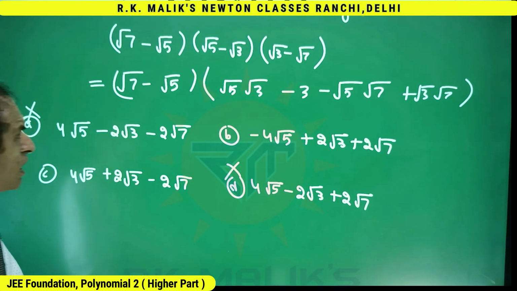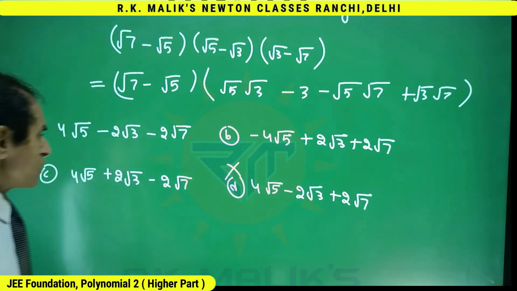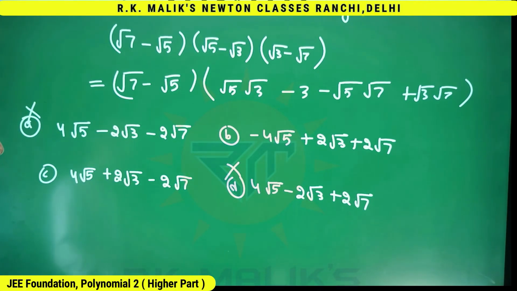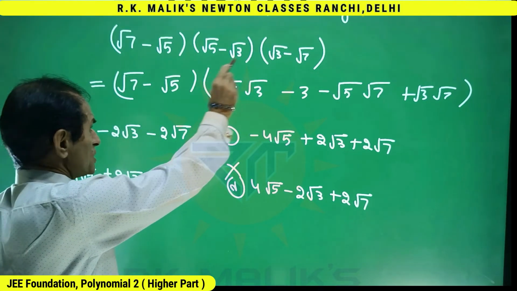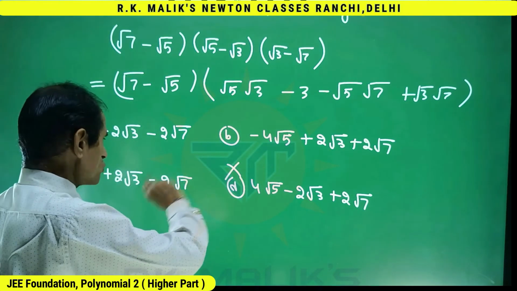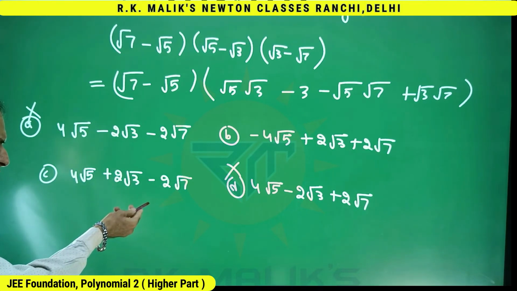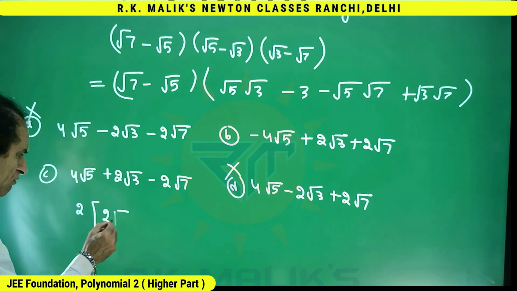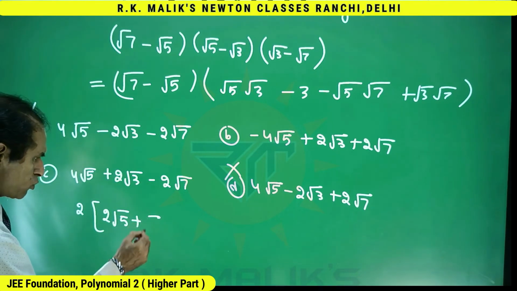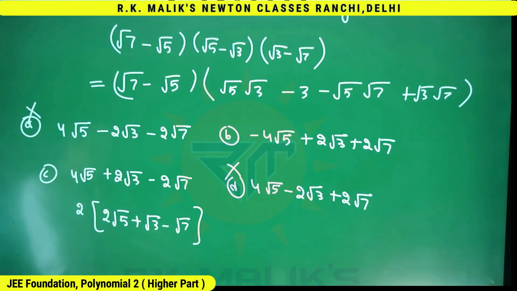Reason being, I know that this is either equal to this or equal to this. See the smart thing I'm doing. It is clear that this is positive, positive, negative. It means out of these two, only that can be the answer which is negative. It is clearly positive because after taking 2 common, it becomes 2 root 5 plus root 3 minus root 7.